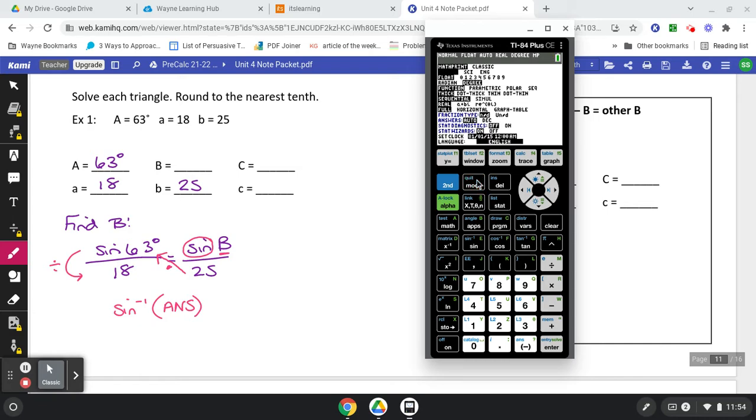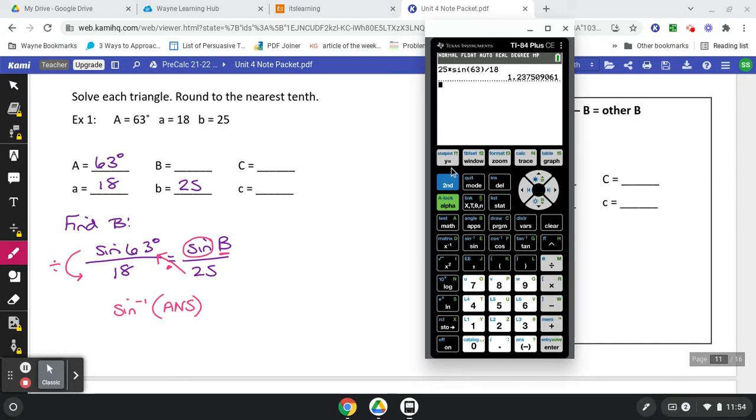So go to mode, degree right there. And you can see up at the top right here, it's in degree mode. And so then we're ready to type in 25 times the sine of 63. Make sure you close the parenthesis. And then divide by 18. And then I'm going to inverse sine that number.